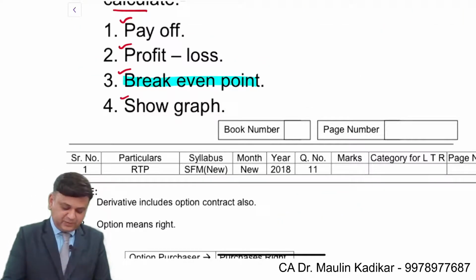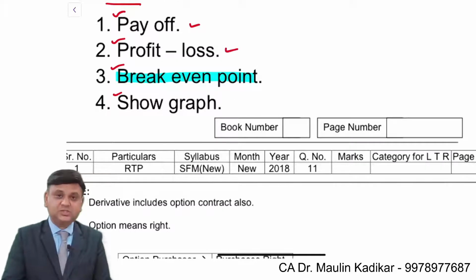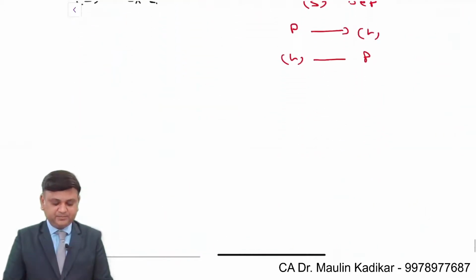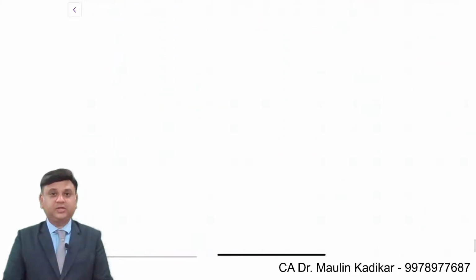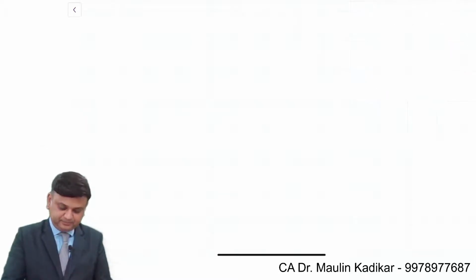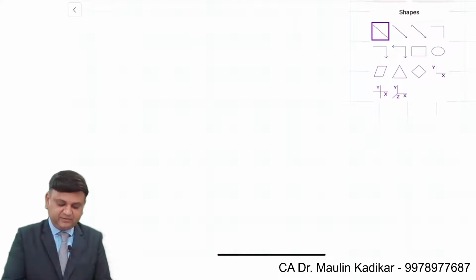So friends, the payoff is done, profit and loss is done, break-even point is done. Only one thing is there, that is, we are required to draw the diagram. So let us see how to draw the diagram. Once again, on the x-axis we have the independent factor, and on the y-axis we will have the dependent factor.